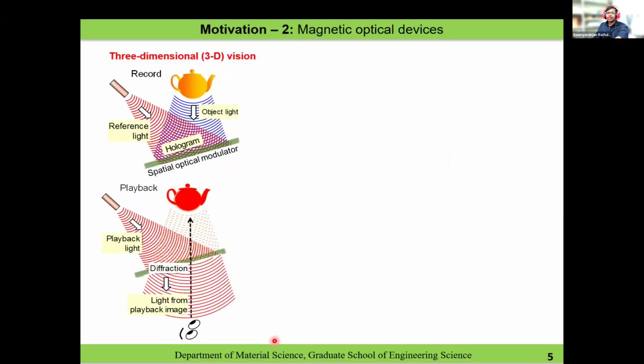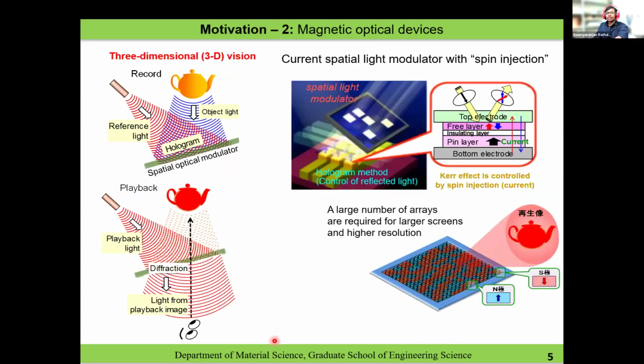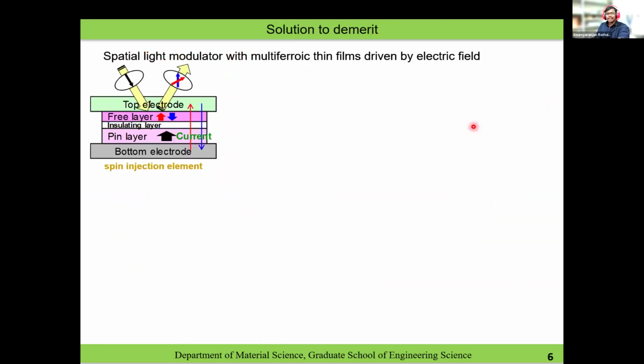In the second case, we are working on a magneto-optical modulator, which is an optical device. As we know, in the case of a magneto-optical modulator, we write data by using spin current. And in general, by using spin current, we consume lots of energy. So here also, we can think about multiferroic thin films to solve this problem. Like I said, this is the general concept of data writing by using spin current.